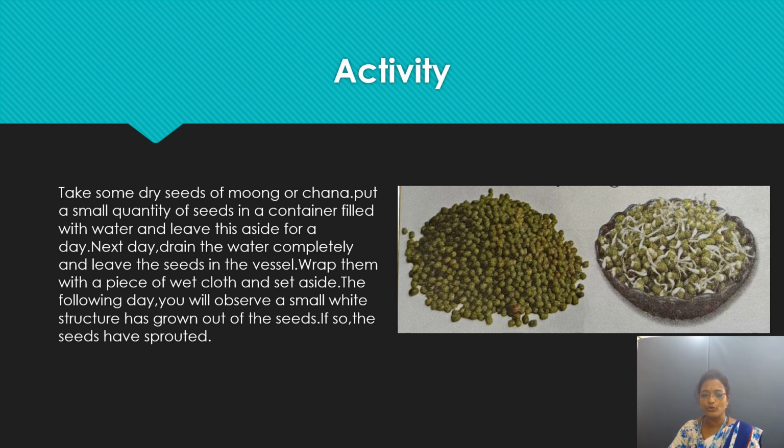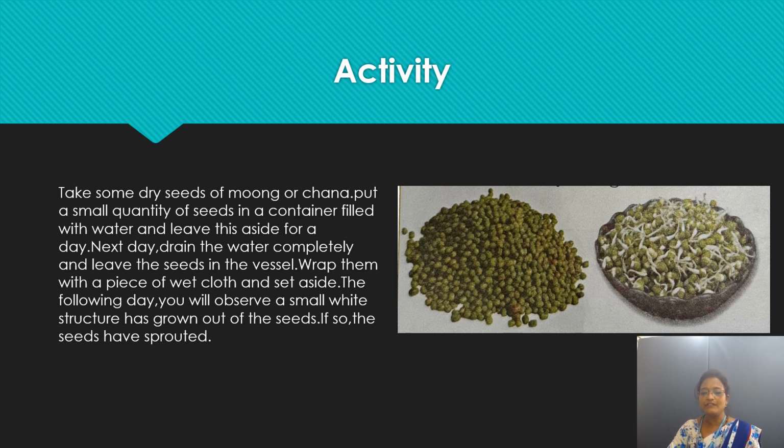First, listen carefully. Take some dry seeds of moong or chana. Put a small quantity of seeds in a container filled with water.